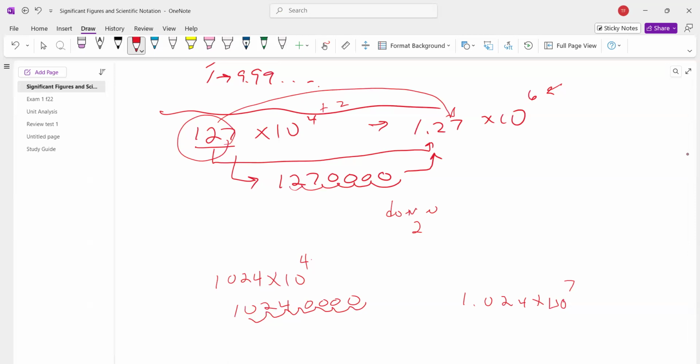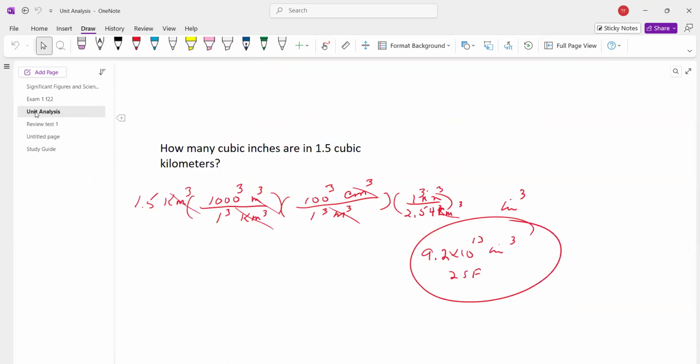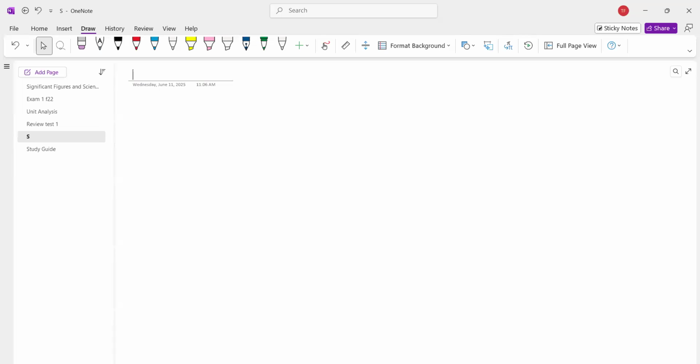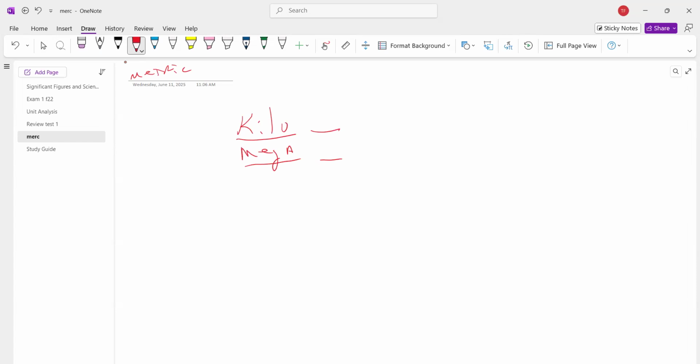And that is a matter of, see, let me pull up. Yeah, the metric system is in two parts.